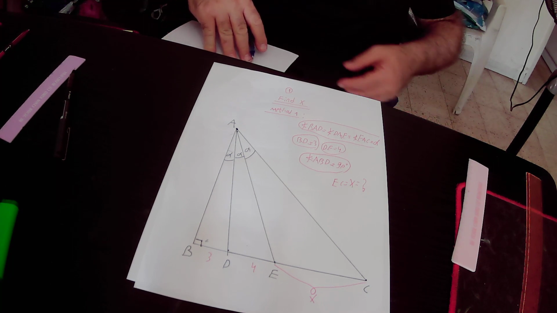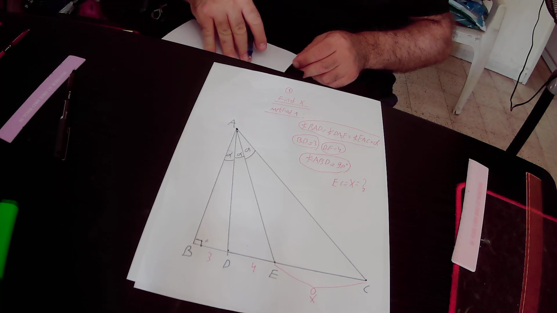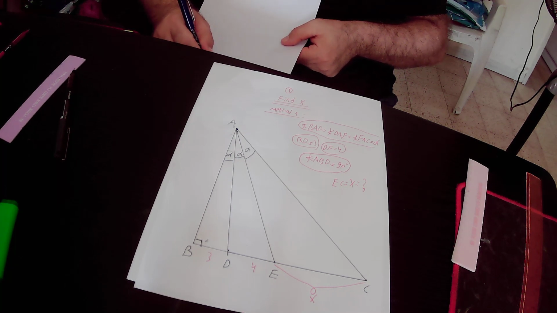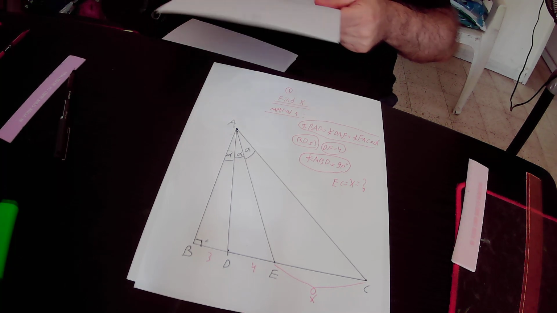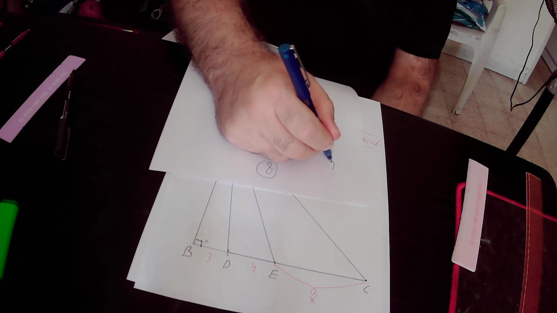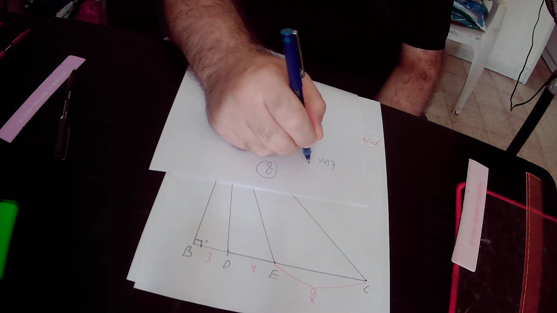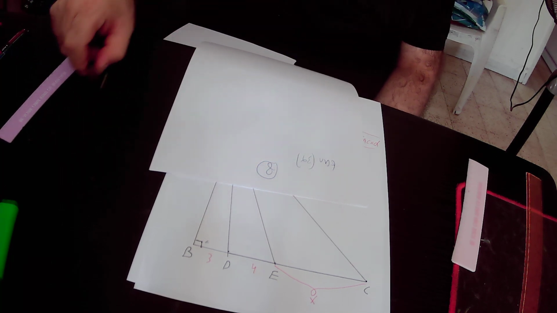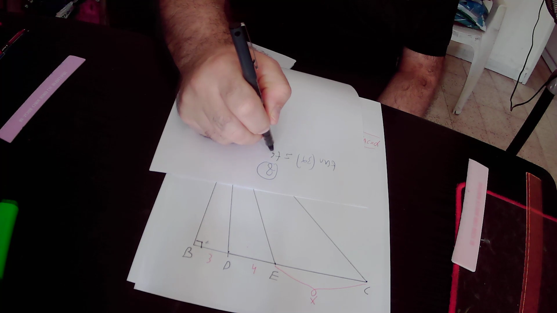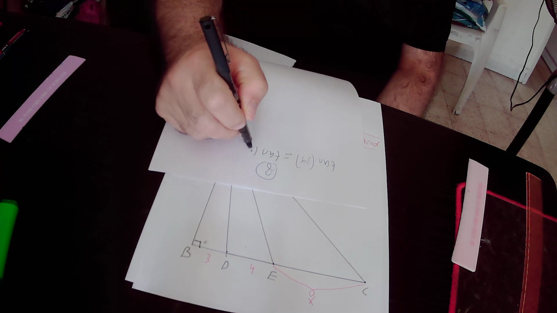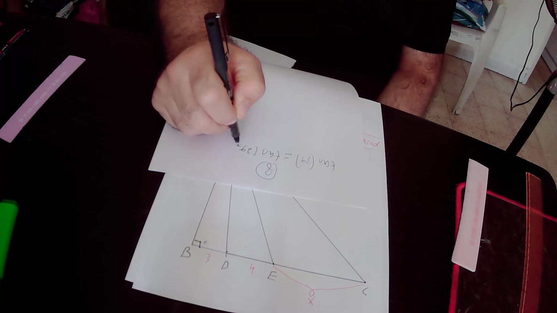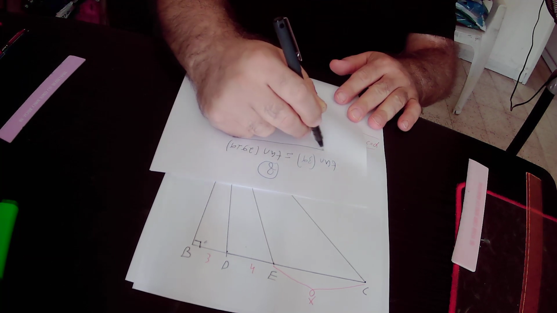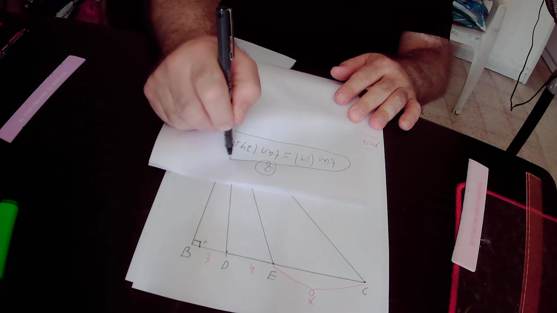So we also know that tangent 3 alpha equals to tangent 2 alpha plus alpha. Okay, tangent 3 alpha equals to tangent 2 alpha plus alpha.